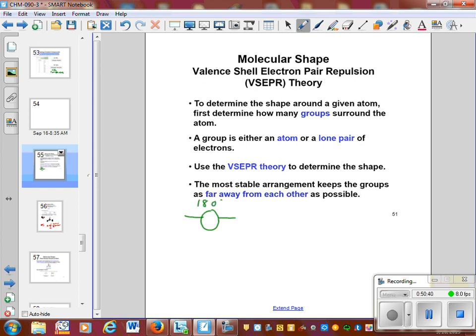Now, I want to put 3 electron pairs as far away from each other as possible. So I have 3 of them as far away from each other as possible. What are those angles? 120.